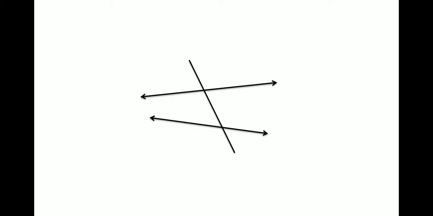So a transversal is a straight line which passes through any given pair of straight lines, whether they are parallel or not parallel.